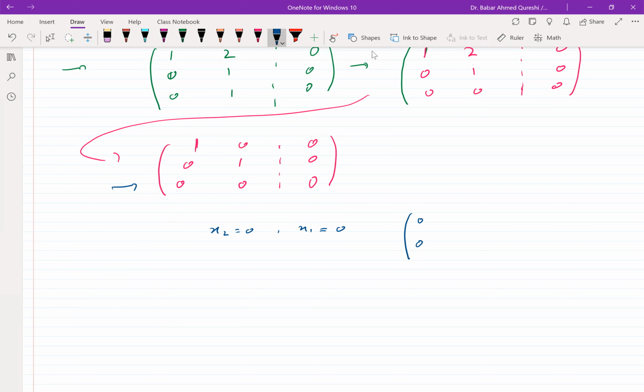So we can check, since we are checking the theorem. This is our A, the starting one. And I'm solving the homogeneous equation, so I have to compute the reduced echelon form of this augmented matrix.